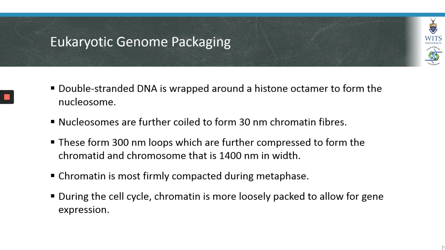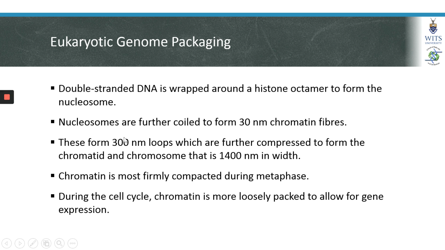We'll now talk about genome packaging in eukaryotes. The primary structure of chromatin is double-stranded DNA, and that double-stranded DNA contains our genes. Double-stranded DNA is first wrapped around an octamer of histones to form the nucleosome. The nucleosomes are then further coiled to form a 30 nanometer chromatin fiber.